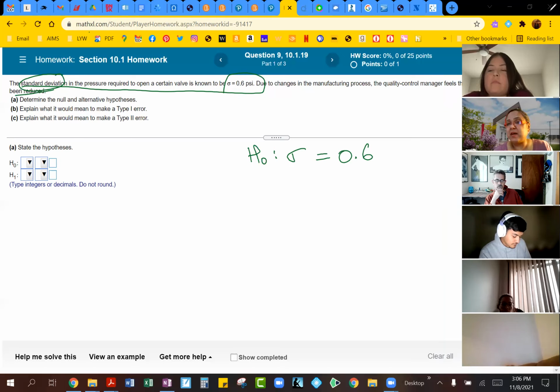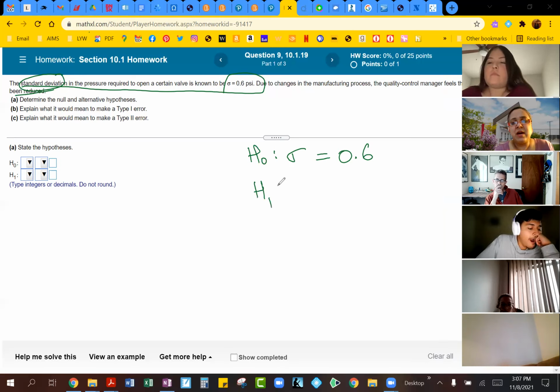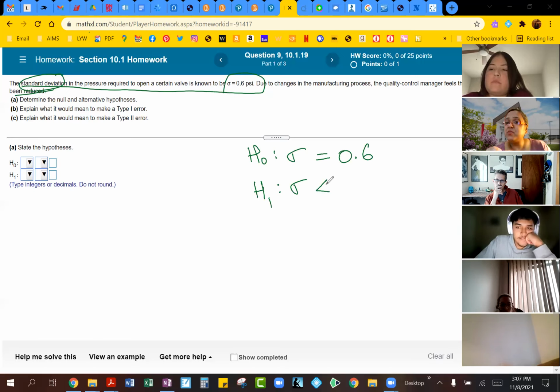So this is your null hypothesis. Again, nothing fancy, it's just whatever parameter or characteristic you are using. But then the manager has a feeling that it's actually been reduced. So that's your alternative hypothesis. He or she feels that it has been reduced, which means it's less than 0.6.